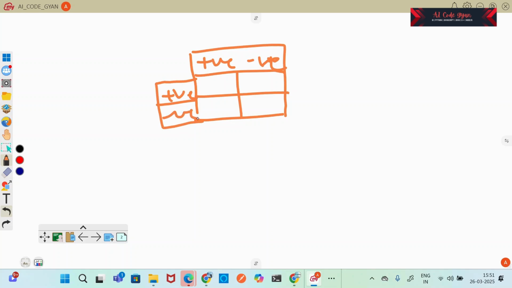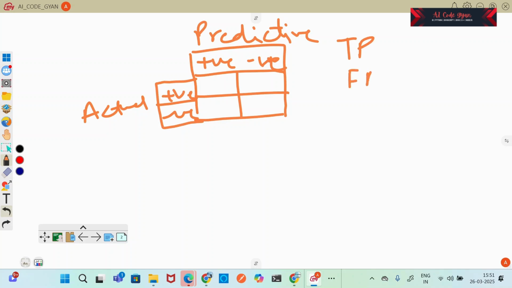This represents the predicted positive and negative against the actual positive and negative. We have 4 terms here: true positive, false positive, true negative, and false negative.